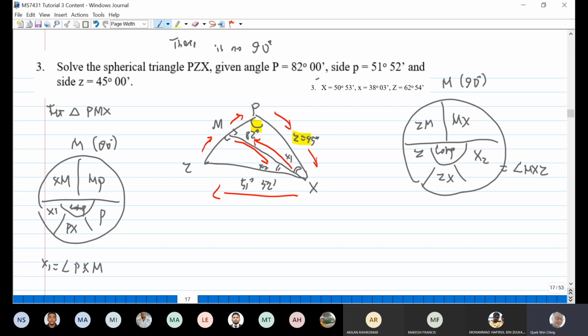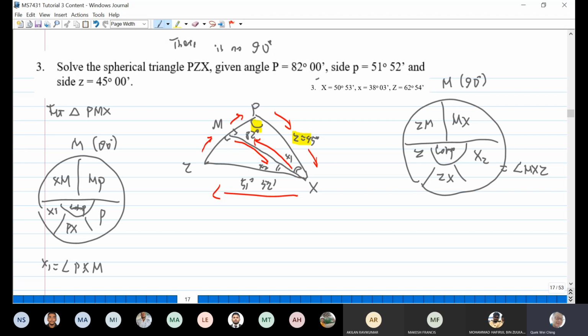This is how you draw the views. On the left side you have more information, and on the right side you have less information. You split the triangle in such a way that you have at least two pieces of information within one triangle, otherwise you cannot solve.